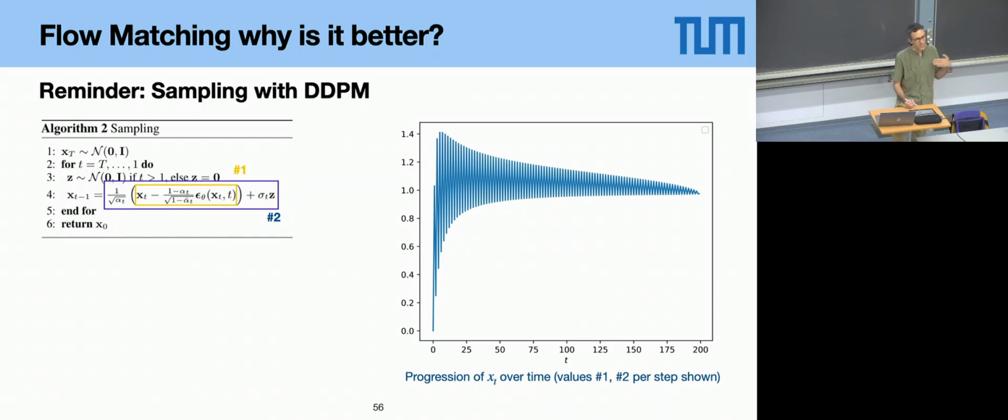So you always first subtract to go to a value, and then you scale it up to get to the right value. And if you look at what these factors do in practice, you actually get these zigzagging motions. And especially in the beginning, the first steps really reduce the noise by a lot, and then scale it up again to get to something close to the mean.